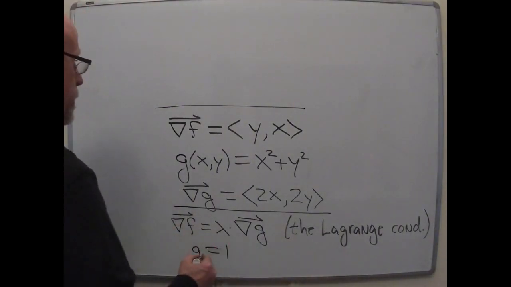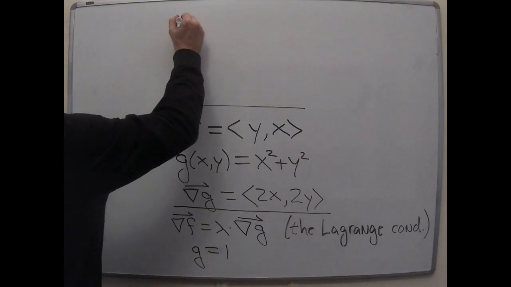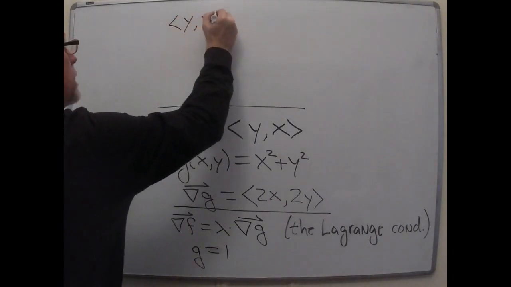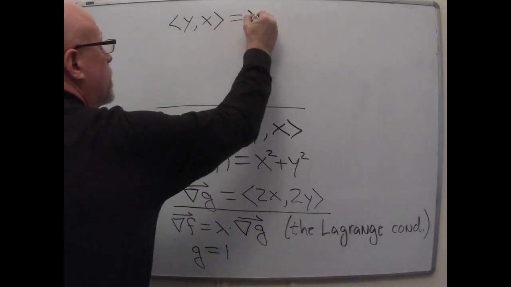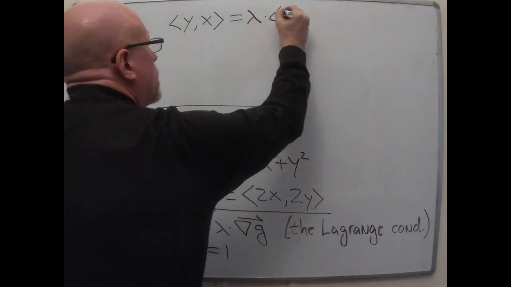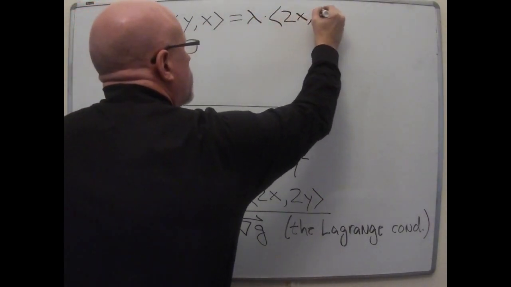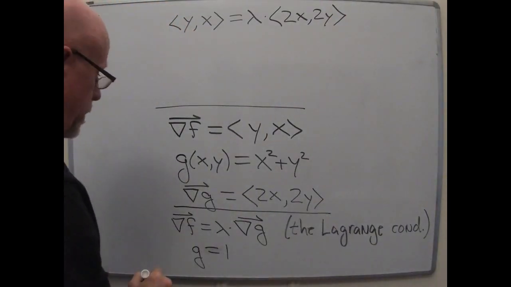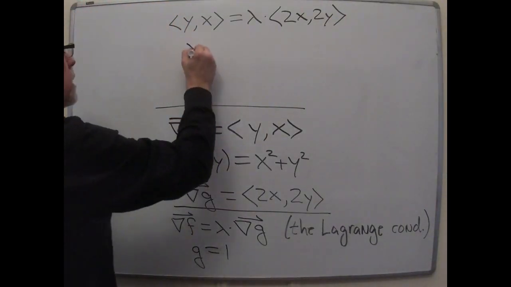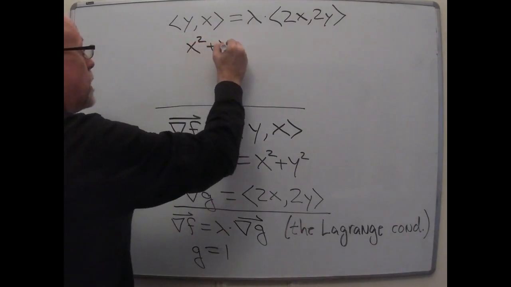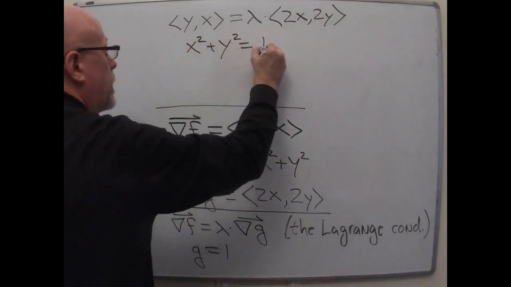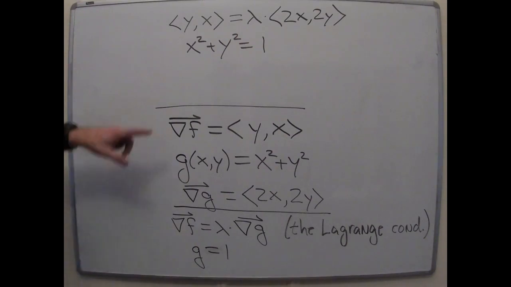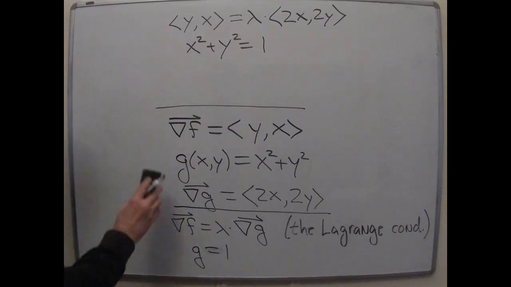So the Lagrange condition becomes (y, x) is equal to lambda times (2x, 2y). And the constraining condition is x squared plus y squared equals 1. Now that top thing, being a vector equation, is actually two scalar equations.